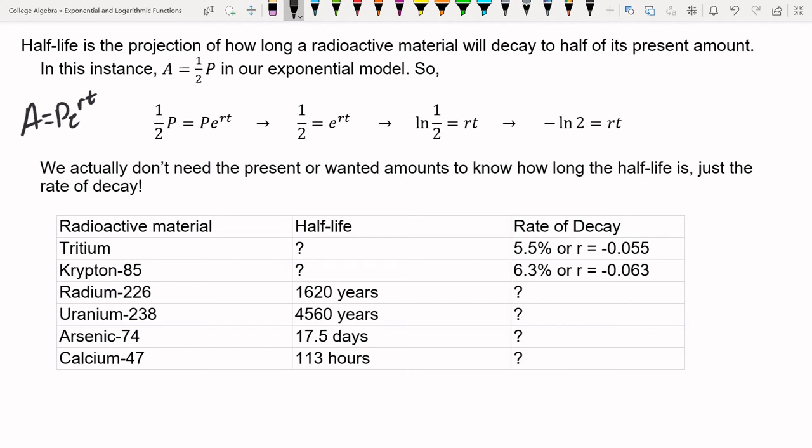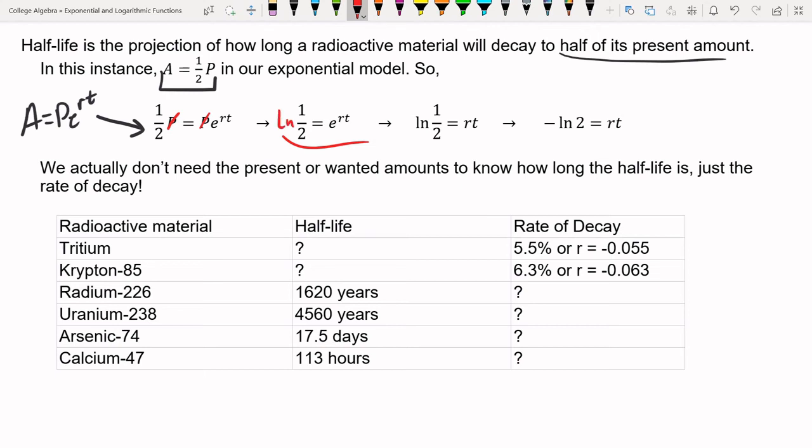Now, what we're doing is we're saying, what is half of the present amount? That's the same thing as saying A equal to 1/2 P. Well, then this thing just becomes 1/2 P equals P e to the rt. And of course, the P's can be divided out to be canceled. That's what gives us this next part. I'm not solving for anything here, I'm just trying to make this a little bit simpler to look at.